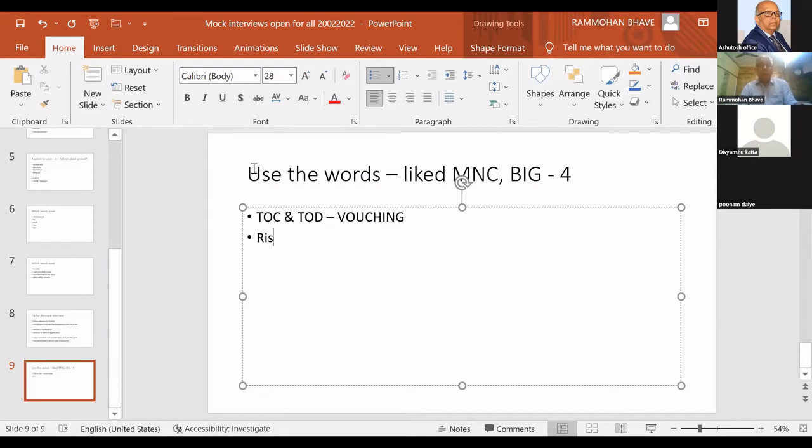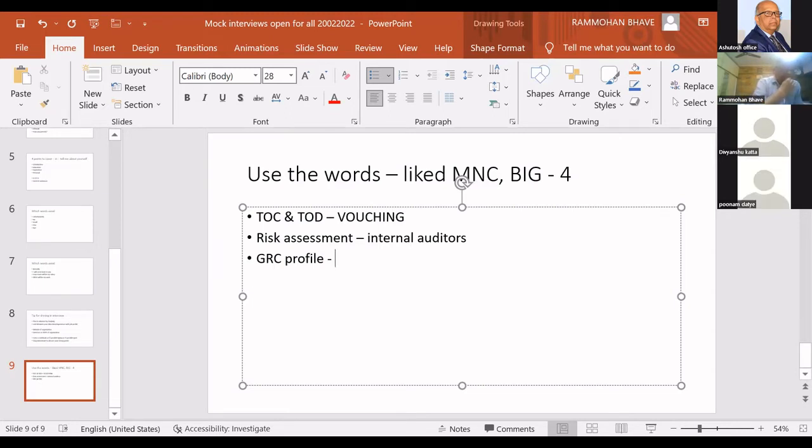Now, risk assessment, we were interviewing some people, they were nothing but internal auditors. I also came across, "Oh, my profile is a GRC profile." Now what is GRC? Are you aware? What is GRC? No?